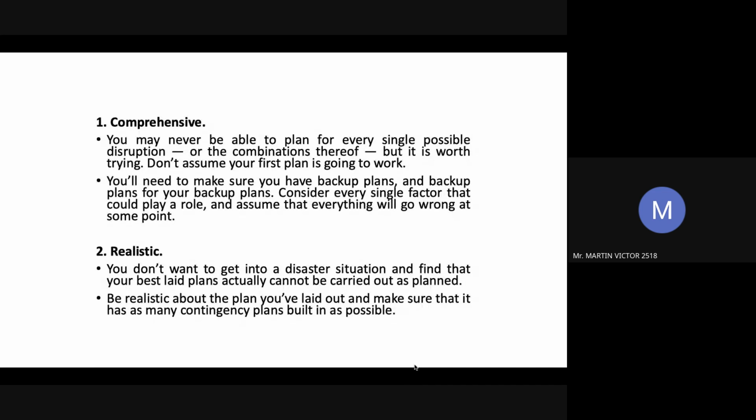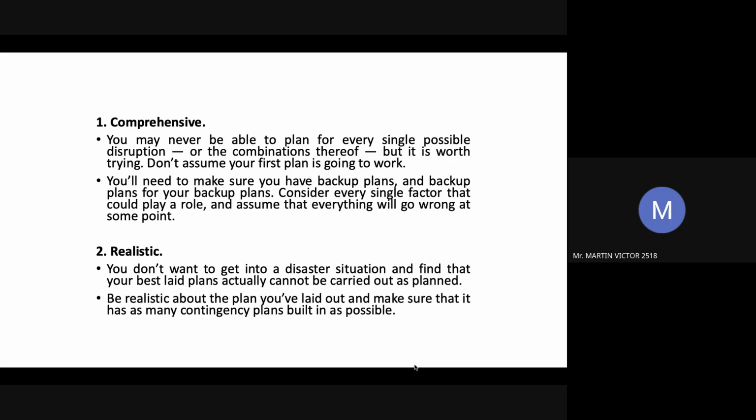Then secondly, we should be realistic. We don't want to get into a disaster situation and find that the best laid plans cannot be carried out as planned. So we should have additional or alternative plans also.